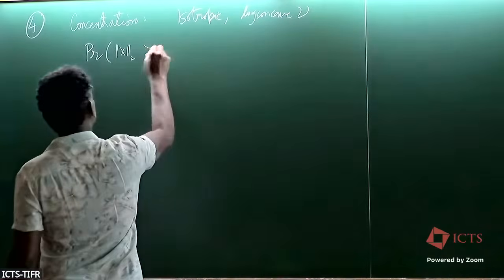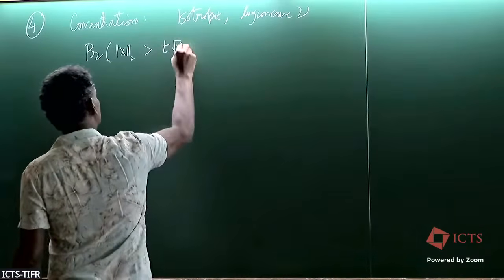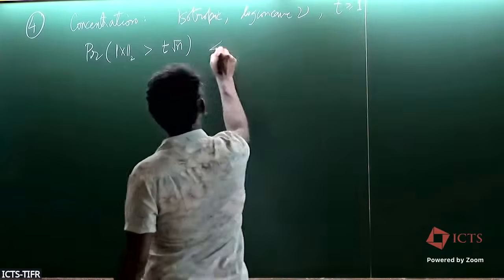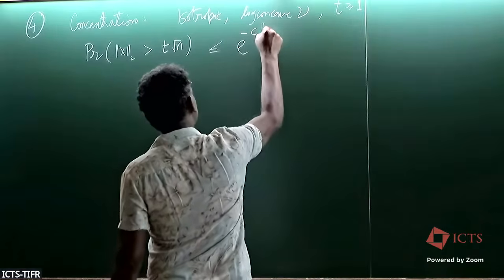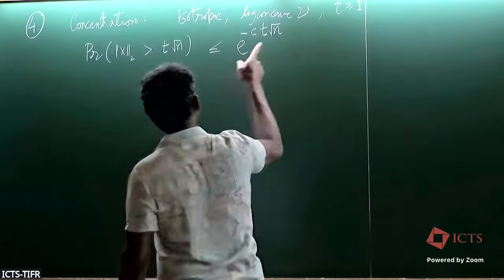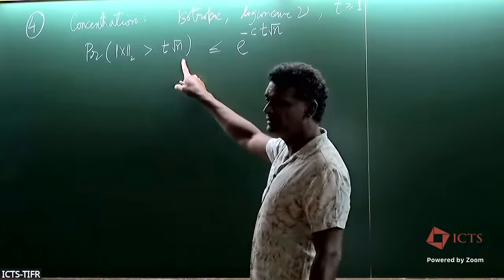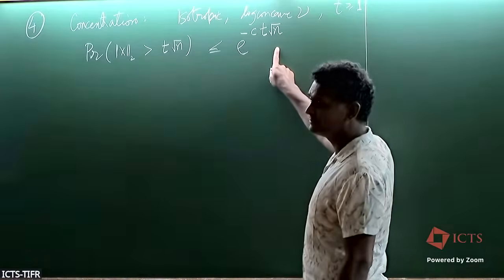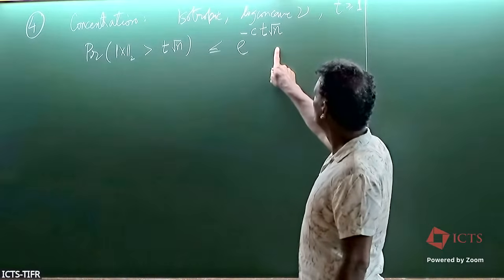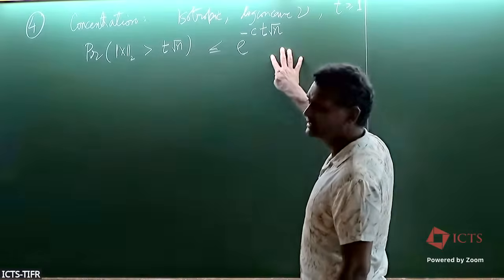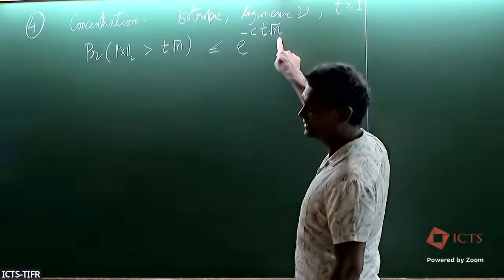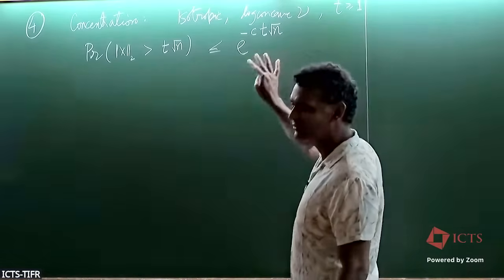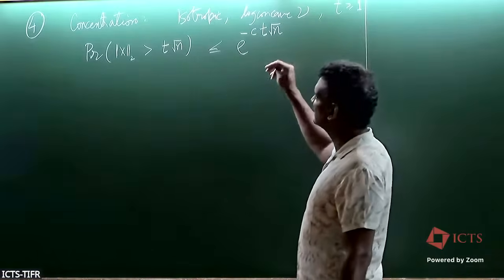The probability it exceeds, say, some constant t times root n, for t greater than 1, is smaller than e to the minus constant t root n. You see this? So root n is what you expect. The probability you're more than 2 root n is already exponentially small. In fact, it's not known if this is the best possible bound. For Gaussians, we will get an n here, and it's possible that this can be improved as far as we know. But this is a true theorem, and this was a highly non-trivial statement first obtained by Paouris.